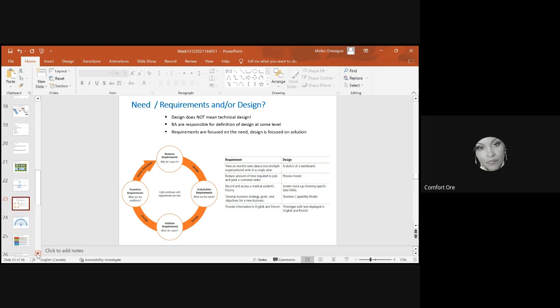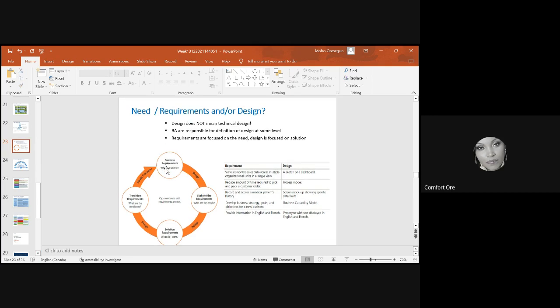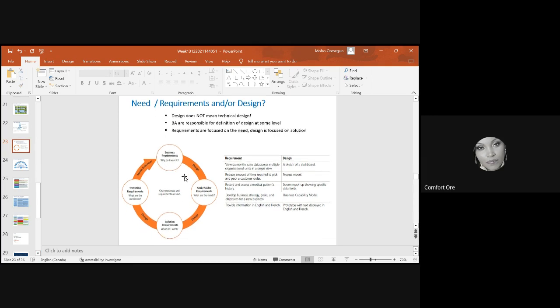So here we're looking at the needs, requirements, or design. The needs, remember, before you can be engaged as a business analyst, there has to be a problem or an issue. Or the third one, you're leveraging an existing opportunity.